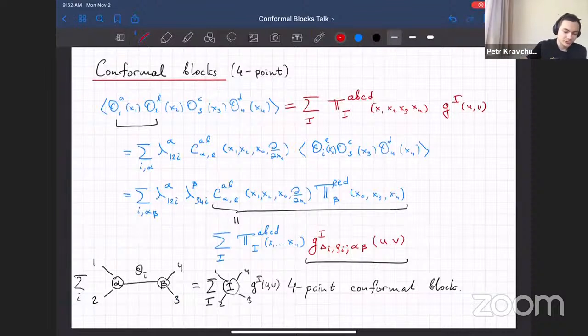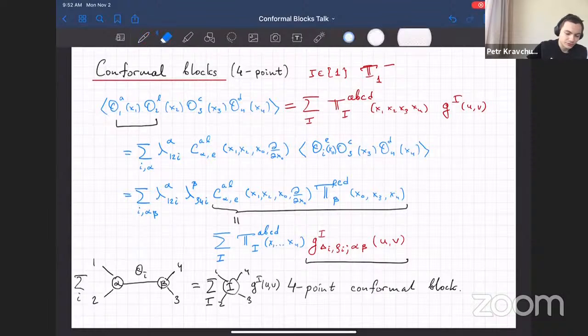For example, in the scalar case, I can only take one value. There's just one index, and T is T1. And there are no indices here because it's just scalars. They don't have indices.